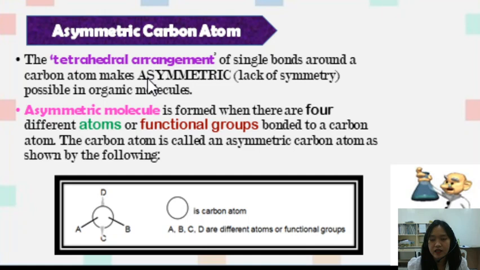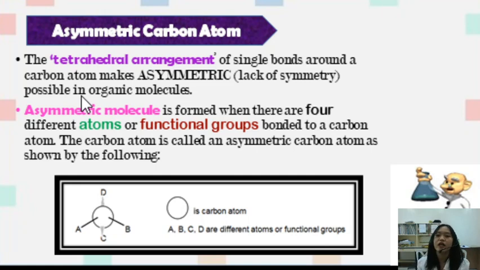When you say tetrahedral arrangement, there can be 4 different functional groups that can bond to your carbon atom. So, the tetrahedral arrangement of single bonds around the carbon atom makes asymmetry, or lack of symmetry, possible in organic compounds.